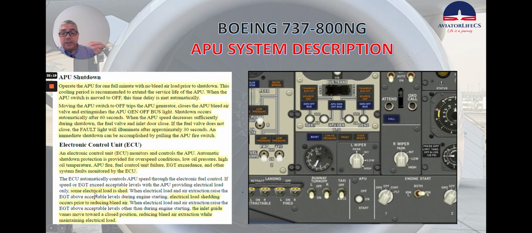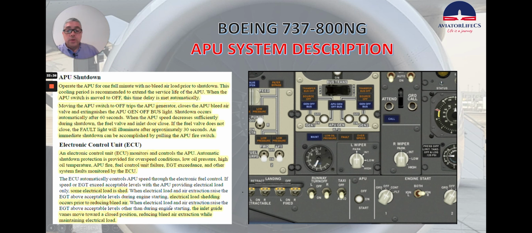If speed or EGT exceed acceptable levels with the APU providing electrical load, some electrical load is shed. When the electrical power load and air extraction raise the EGT above acceptable levels during engine starting, electrical load shedding occurs prior to reducing bleed air.